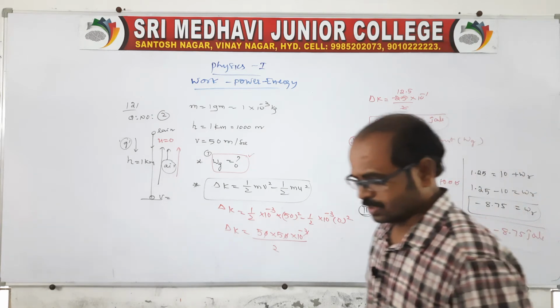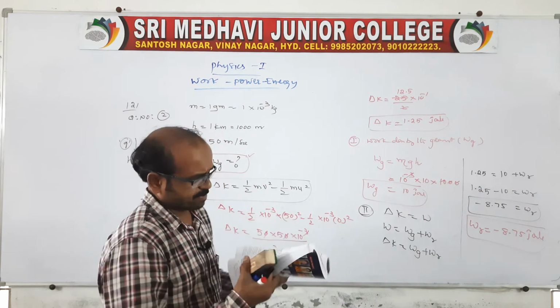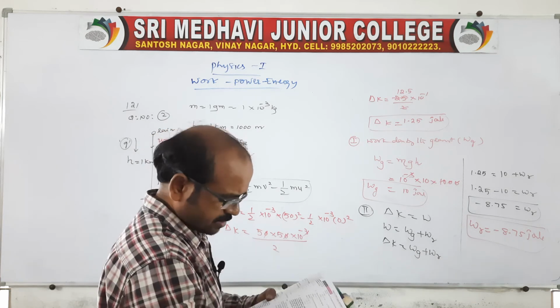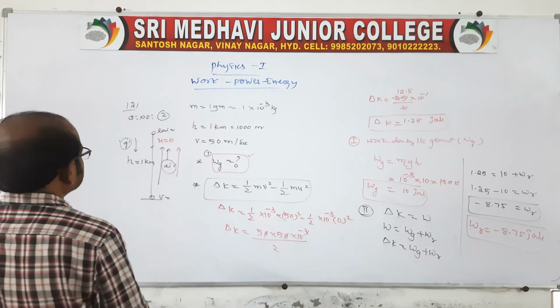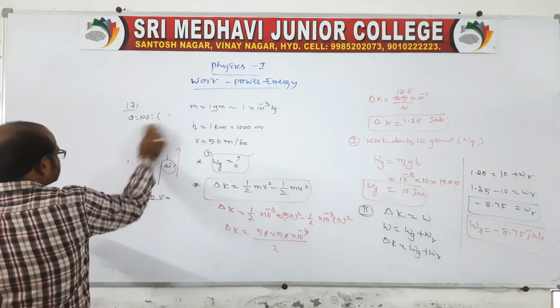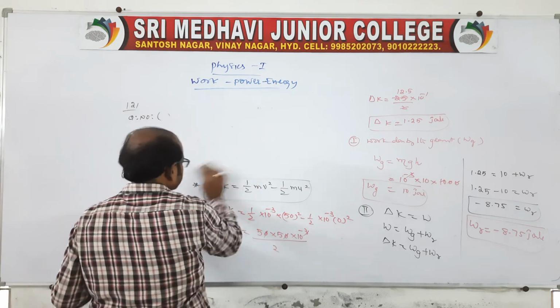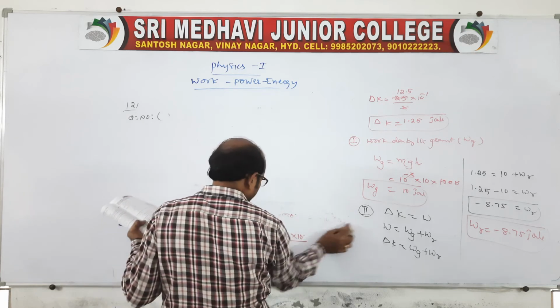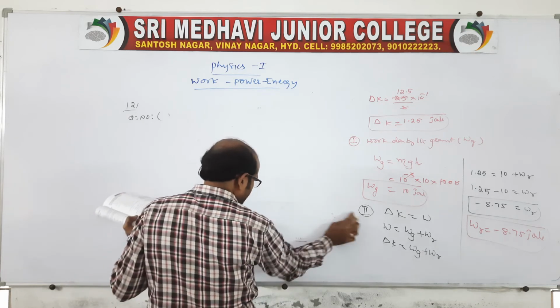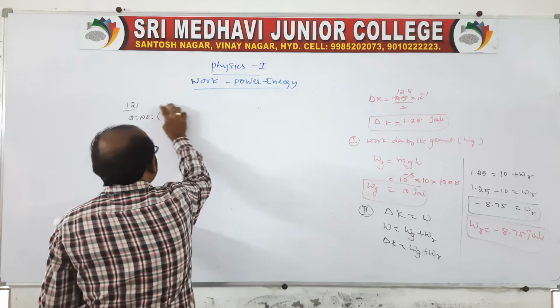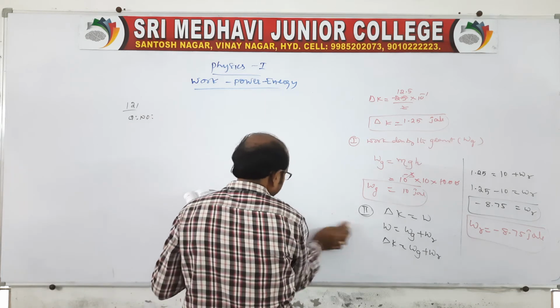Is it okay? Now, the next question in the same page number, that is page number 121, question number 4. Look at the question, read the question again. I am telling you, everyone read the question carefully first. So, you write the given data. After writing the data, ultimately you will get the idea.